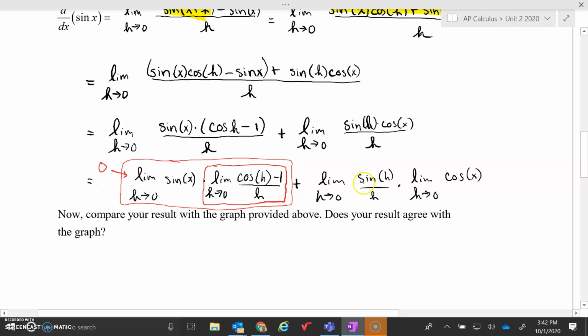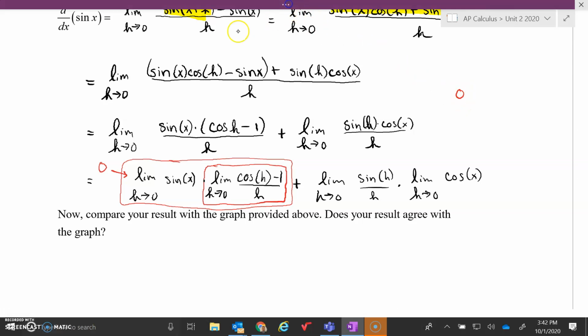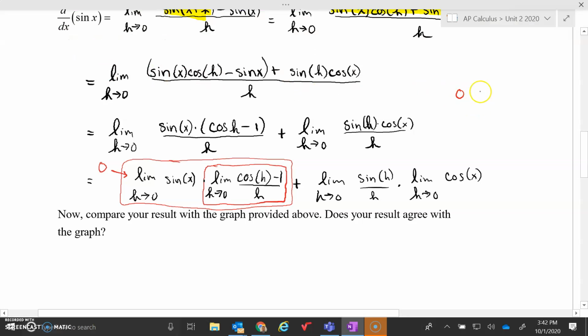So it's like 0 plus, and now we're going to come back and figure out what this is. Well, this box right in here, this is just 1. And so 0 plus 1 times, now I need to take the limit as h approaches 0 of cosine x.